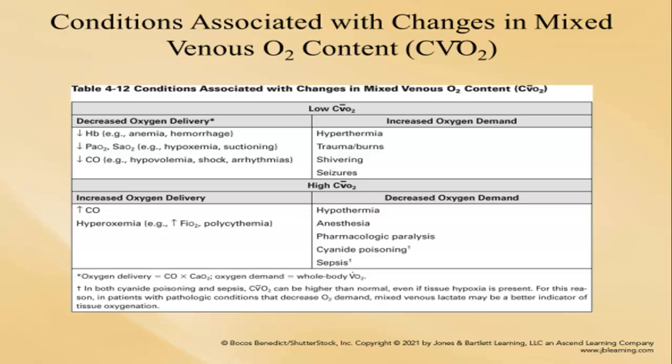It elevates it, because you've got the same oxygen coming in from the arterial system. It doesn't unload, and it goes into the venous system. So it's elevated. And sepsis can also do that, to where people are unable to extract the oxygen needed.